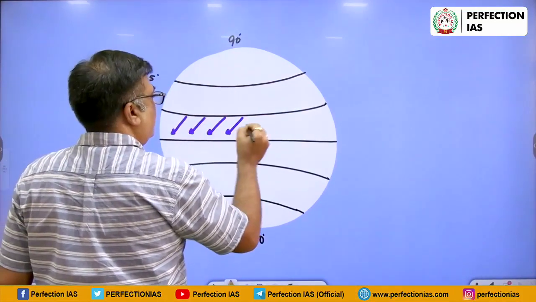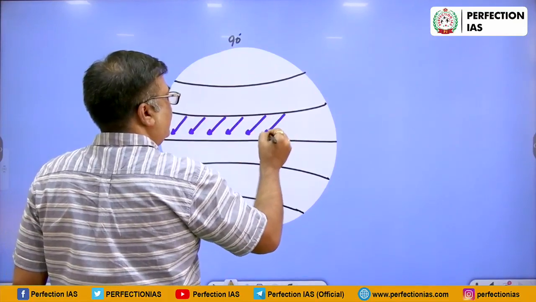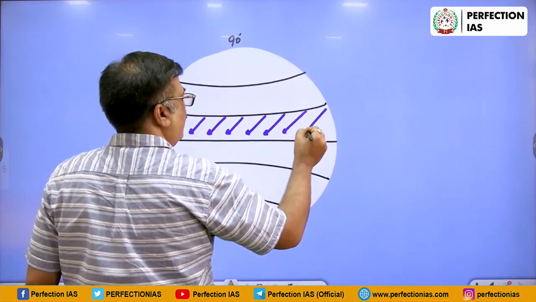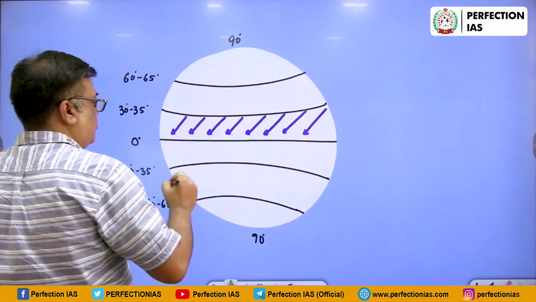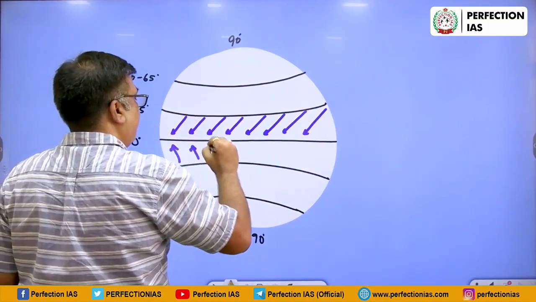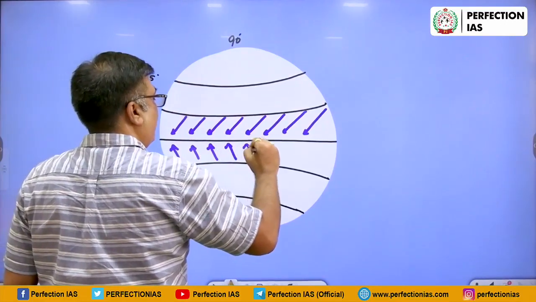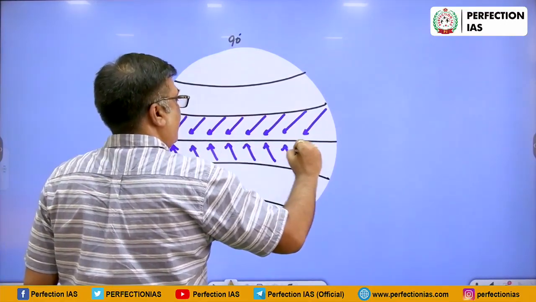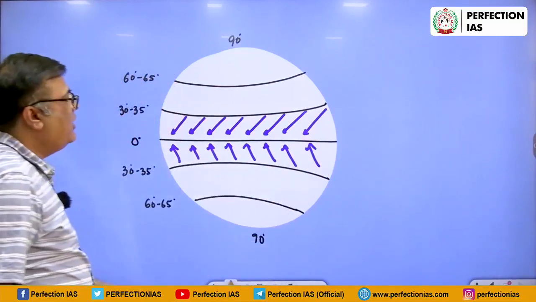Obviously we see that trade winds blow from 30-35 degree to the equator. Then this is called trade wind.